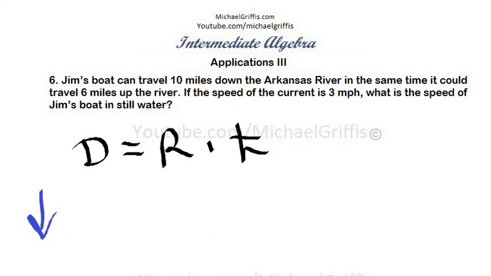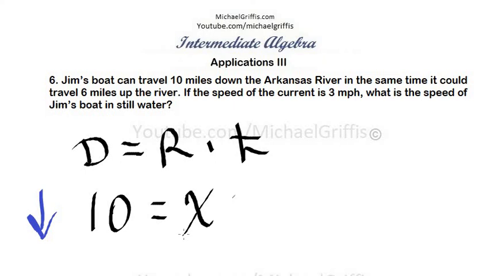What is D going downriver? 10 miles. What is the rate going down the river? We don't know what the true rate is. Remember, we're trying to figure it out in still water.